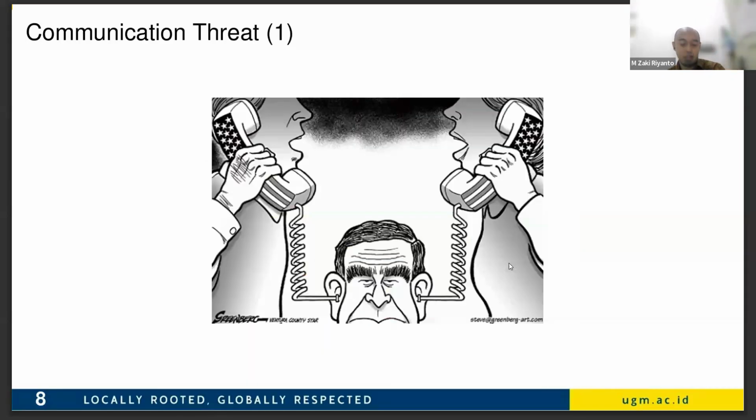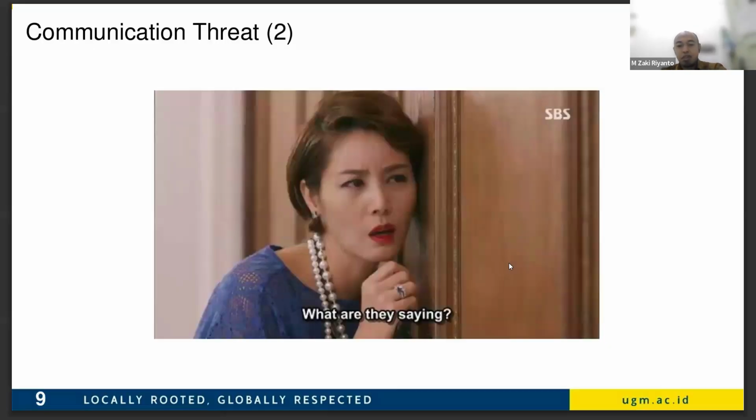But the internet, the telephone, and many communication channels have a communication threat. We can say that the internet is an open communication channel, so everyone can read and can see what we send. It's very easy.